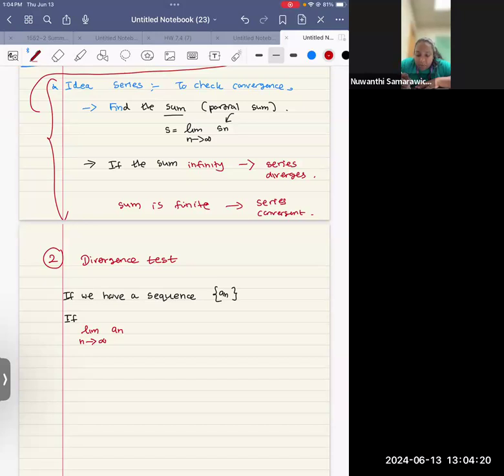If the nth term of a sequence, because we mentioned it's a sequence, if the limit as n approaches infinity of the nth term is not equal to 0, remember it's not equal to 0, then we can say the series diverges.